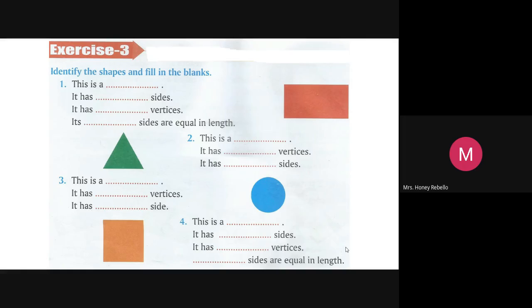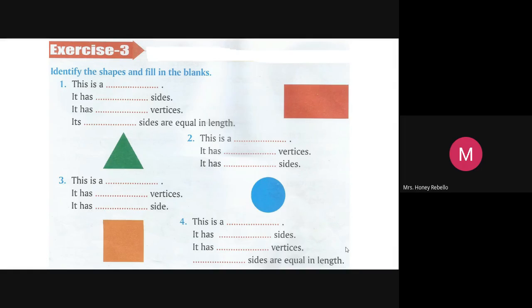I'll remove you. Please take 103. 102 we just explained. Please take 103, in your textbook, exercise 3.